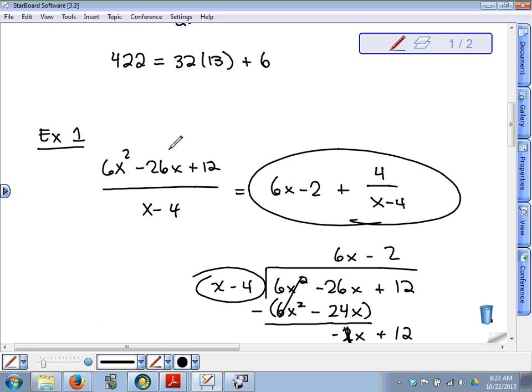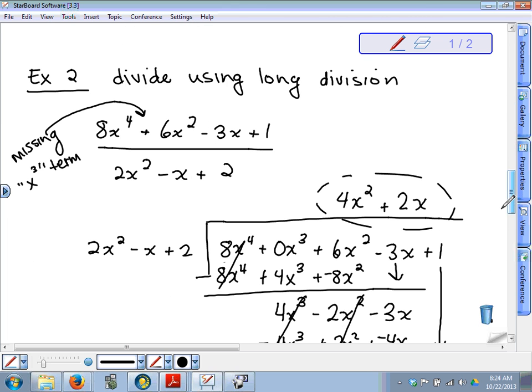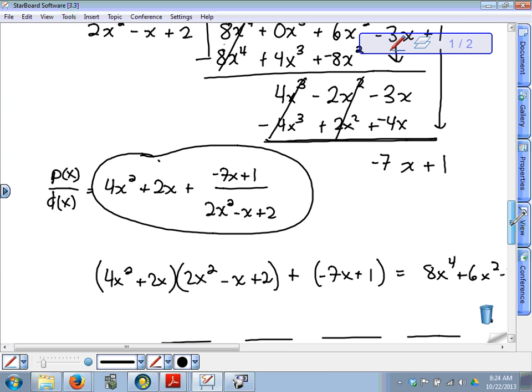Could we have used synthetic division on this? If we look at the denominator, that's of the correct form, x minus 4. So we're going to actually redo this problem here in a second using synthetic division. What about example 2? No. You cannot use synthetic division here because your denominator is quadratic. The denominator has to be linear. So let's take a look.